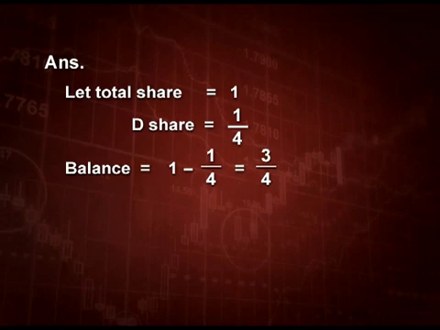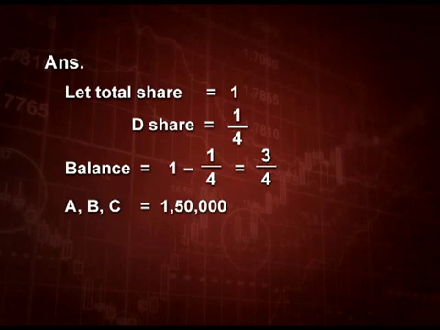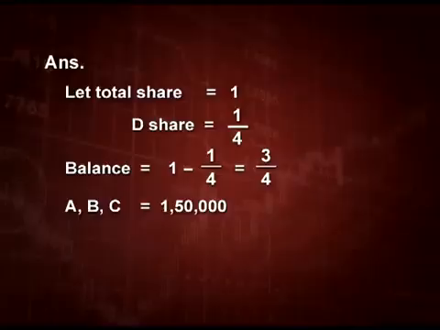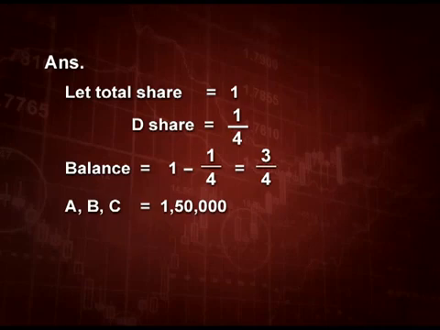Now, we know that A, B and C capital total is 1,50,000. I hope you remember the figures 70,000, 50,000 and 30,000, right. So, total is 1,50,000. Now, this 1,50,000 is 3/4.